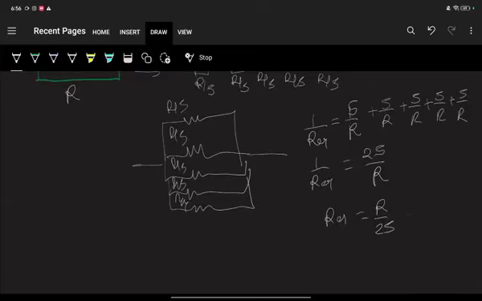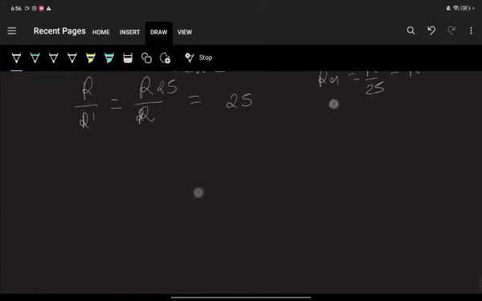And it is given that R equivalent is R dash. We need to find R upon R dash. R dash is R upon 25. So the answer will be 25. Okay? Moving on to the next question.